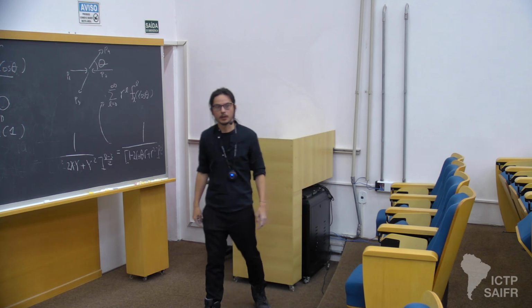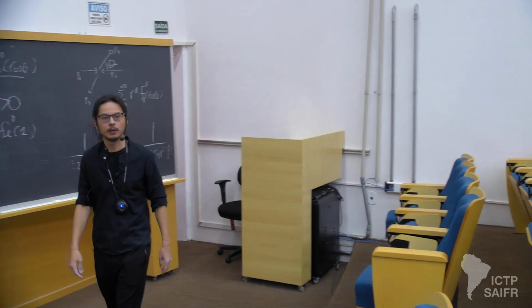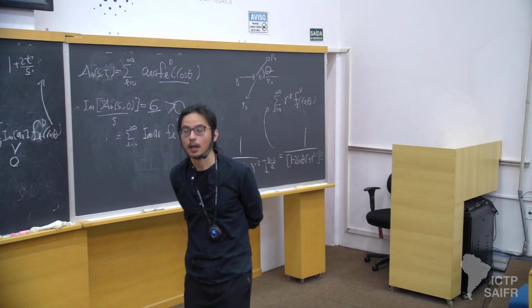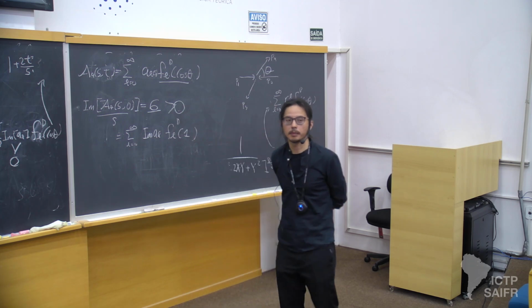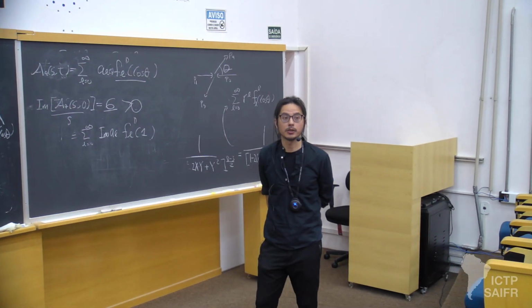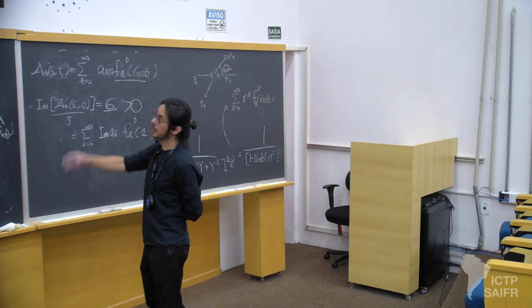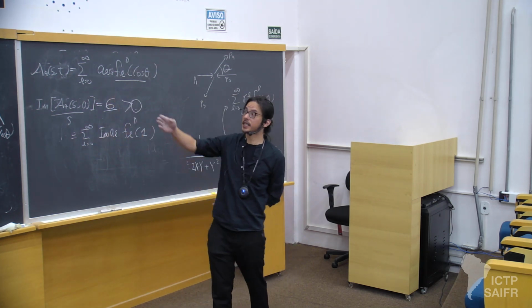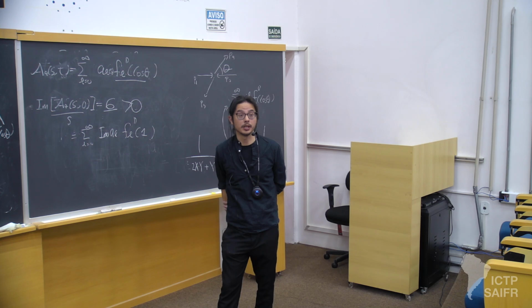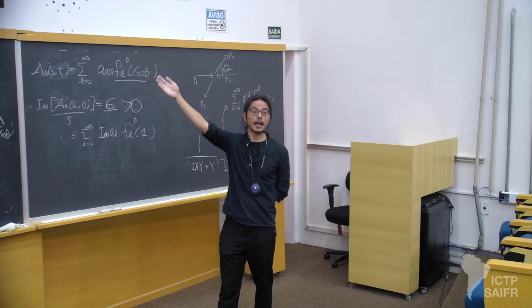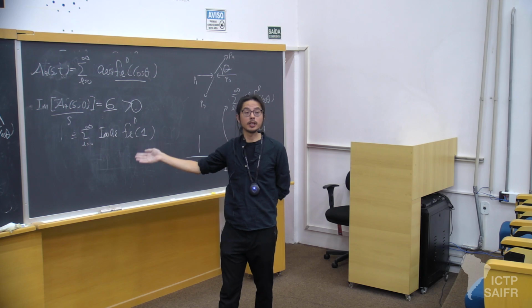And just to be clear with the terminology, I'm not sure I understand what the bootstrap is. Is it just writing some UV completion and trying to constrain it? It depends on what parameters you use, but in this case, yes, there's some UV completion in the sense that the rho mass is one of your parameters, and you're trying to constrain the space of the rho mass that is consistent with all these unitarity equations.